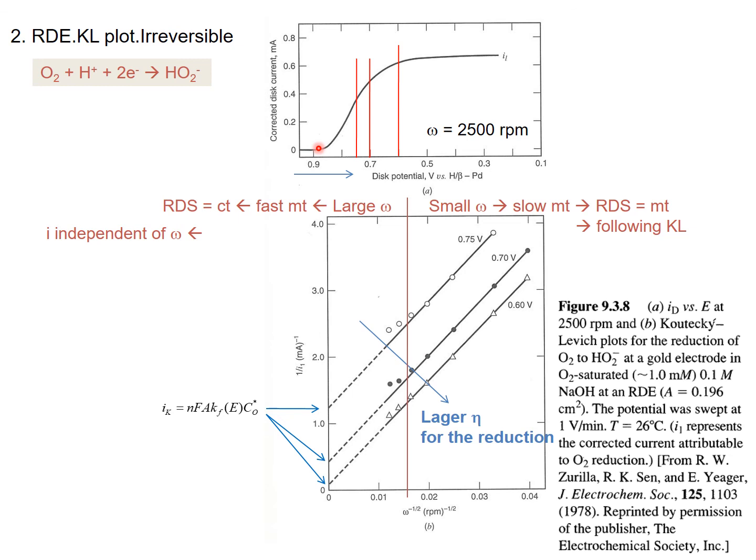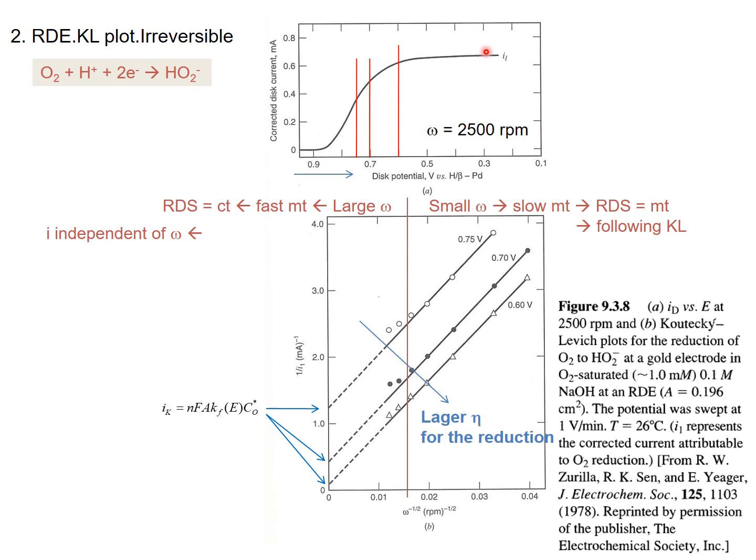However, when I scan the potential to the more negative value, the current responsible for the hydrogen peroxide production goes up, and then at the very negative potential, or very high overpotential, the current reaches the saturated value, which is called the limiting current.